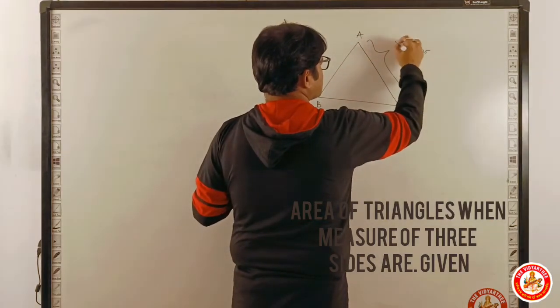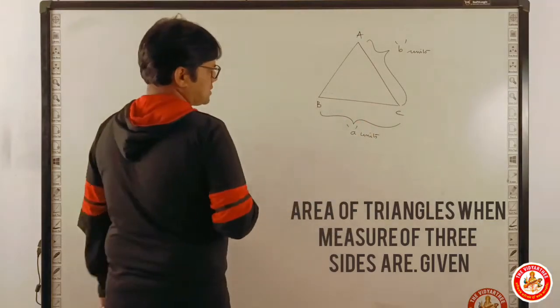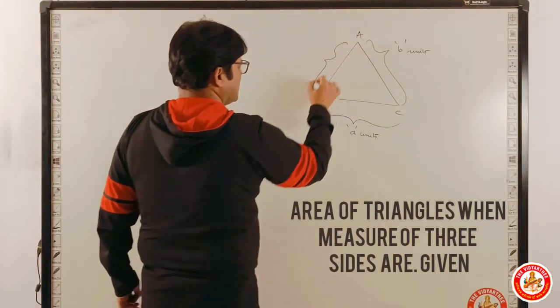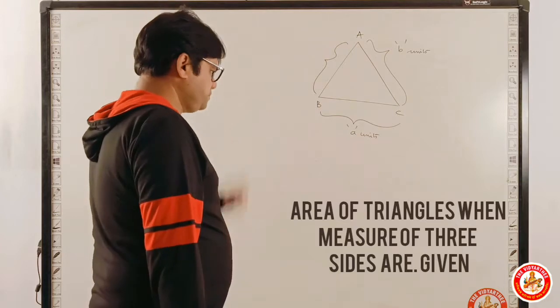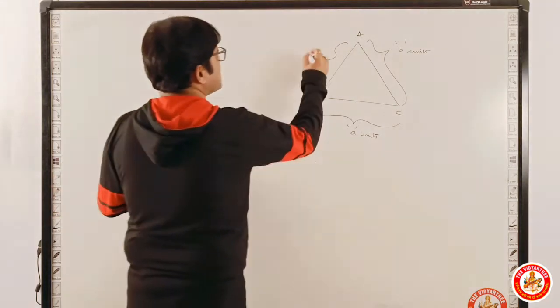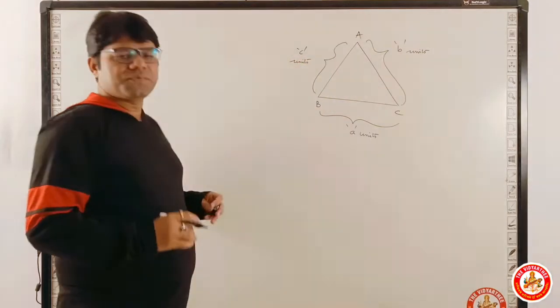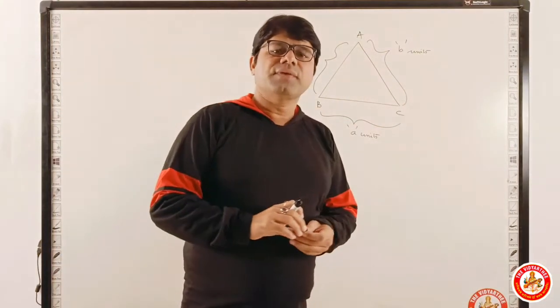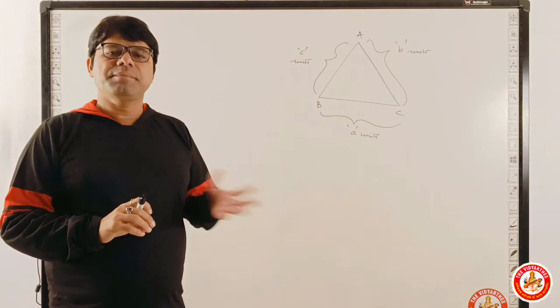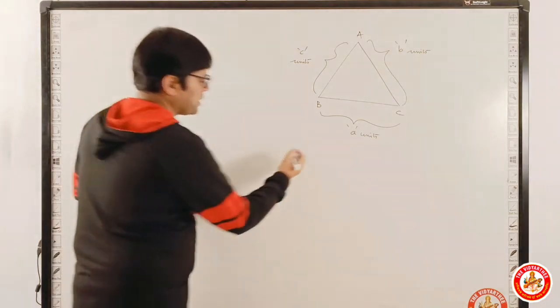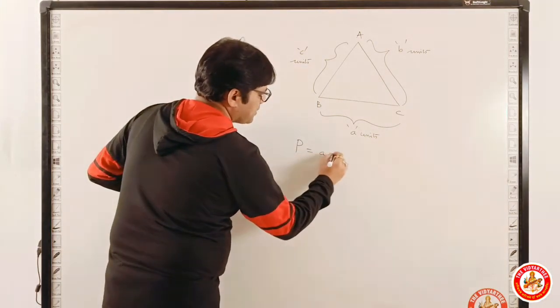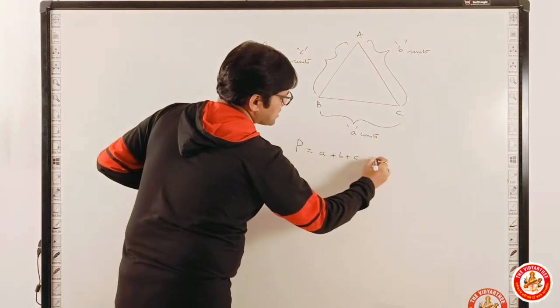You can just put an apostrophe for identification, and the side measure of AB as C units. The first thing which we need to find out is the perimeter. The perimeter is A plus B plus C units.